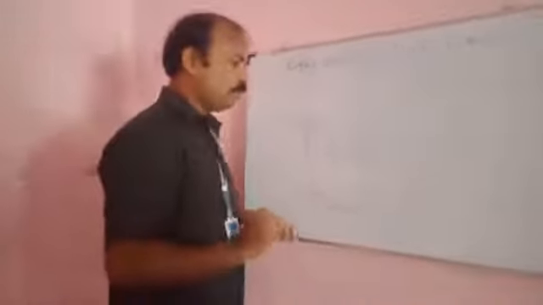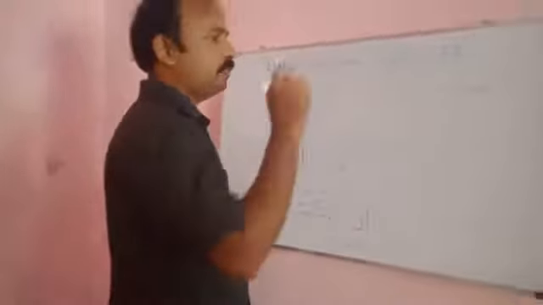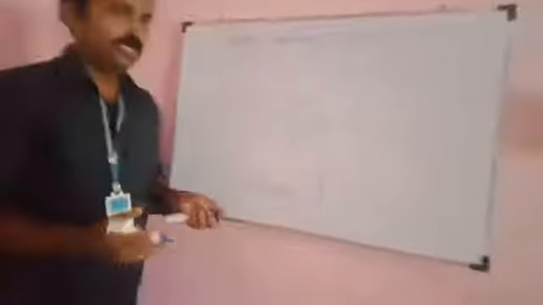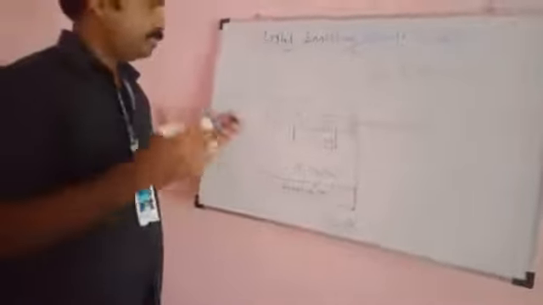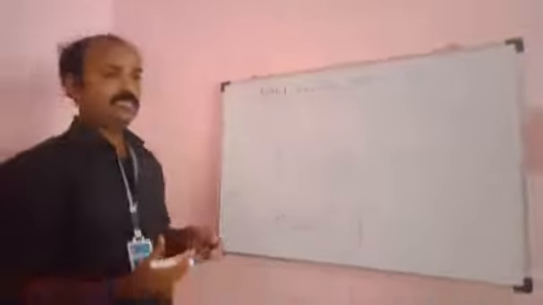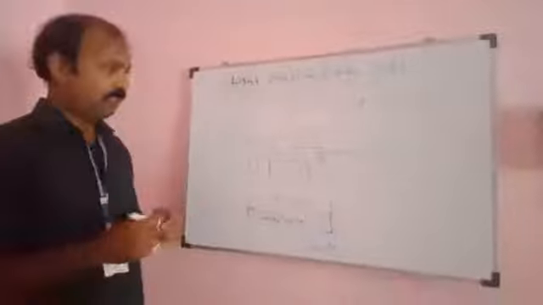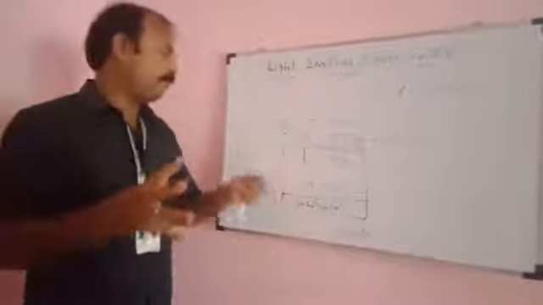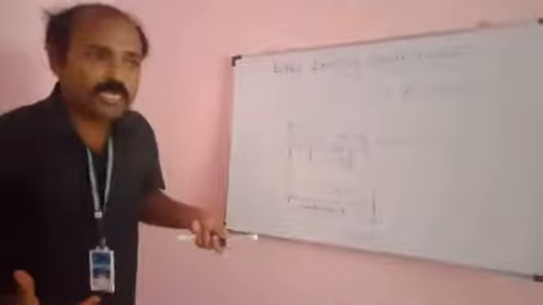Now we move to the working procedure of LED. How is the LED going to work when suitable electrical energy or forward bias is provided? The first point, when a forward bias is applied, what is meant by forward bias?